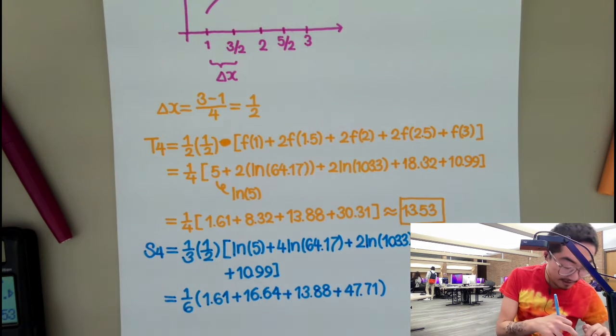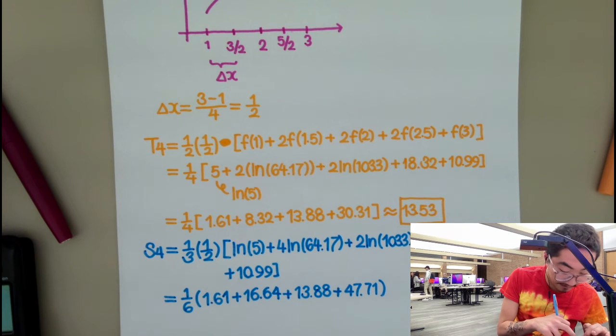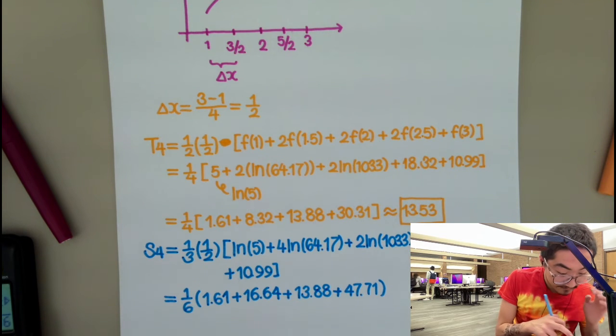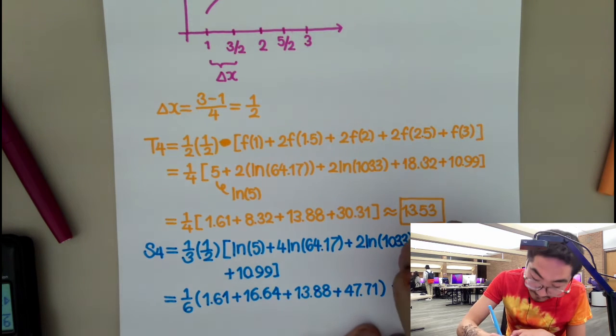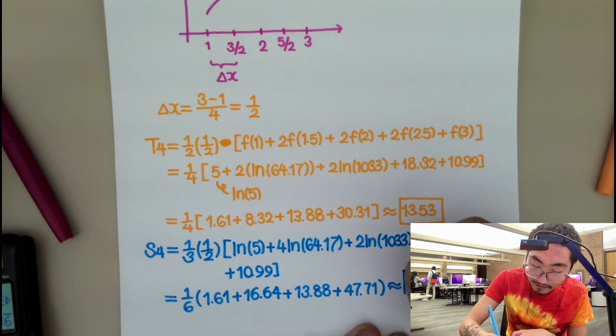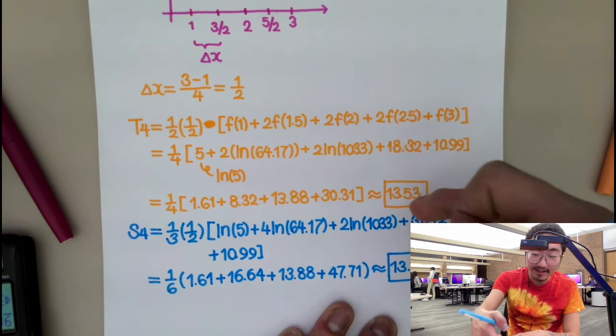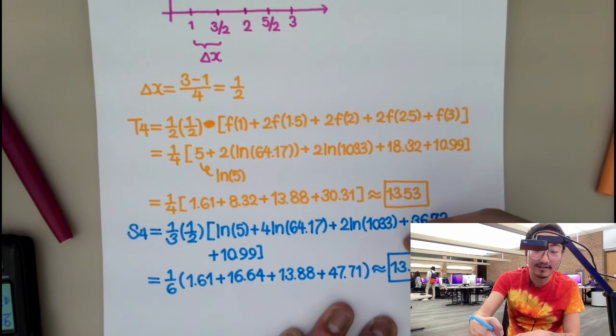And we compute 1.61 plus 16.64 plus 13.88 plus 47.71. It's 13.31. So we can assume the actual value is something between these.